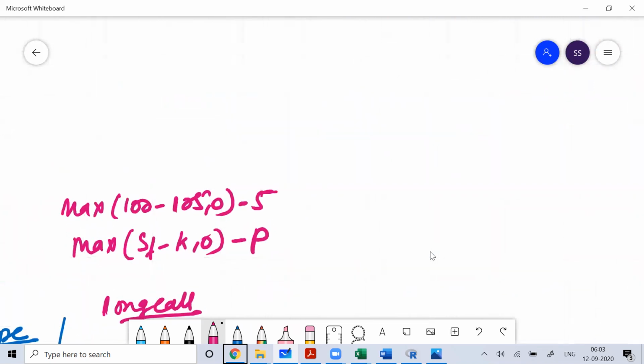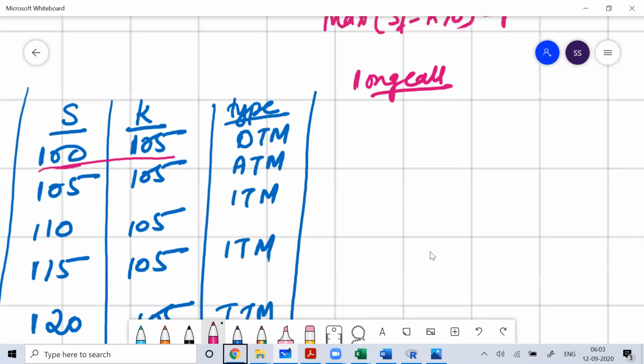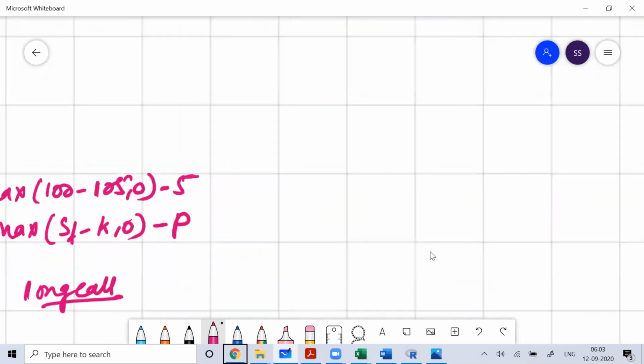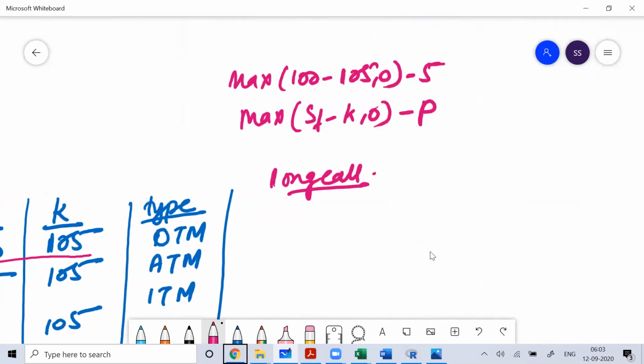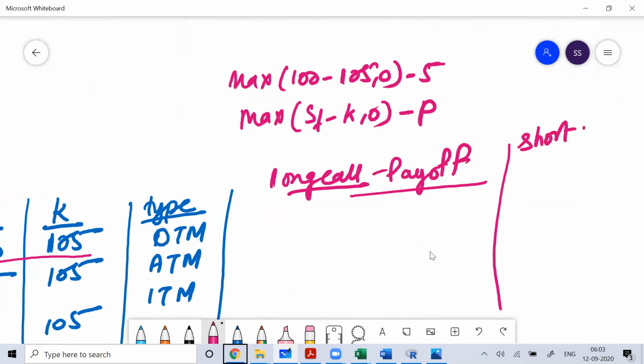So minus 5 rupees. If the final spot price is such that it expires out of the money, the investor will never exercise the contract and he will lose the initial premium. The profit of the long call is the loss of the short call.